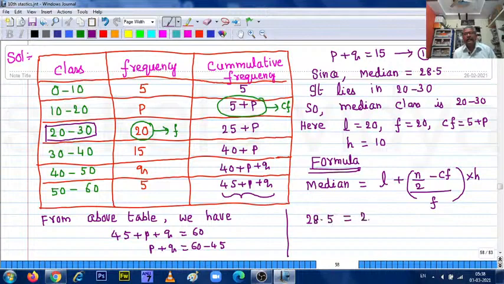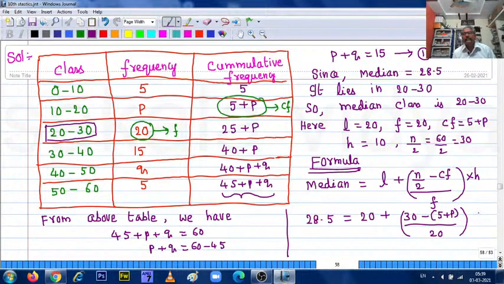L stands for 20, n by 2 is the total sum of the frequency 60 upon 2, that will be 30. Now n by 2, 30 minus CF, it's a very important thing, minus of 5 plus P, upon f. f is 20, multiplied with h, which is 10. This is very important now.